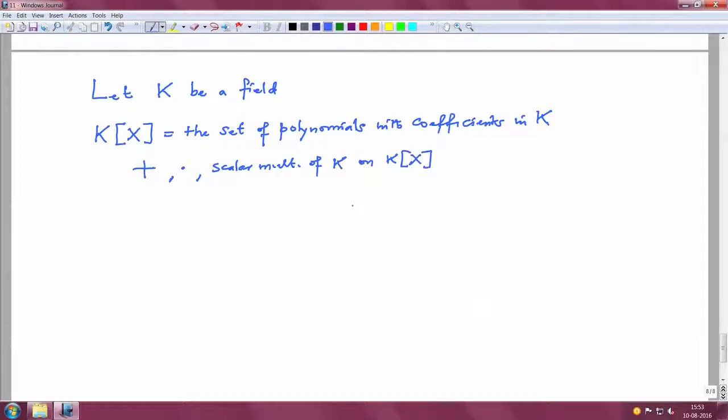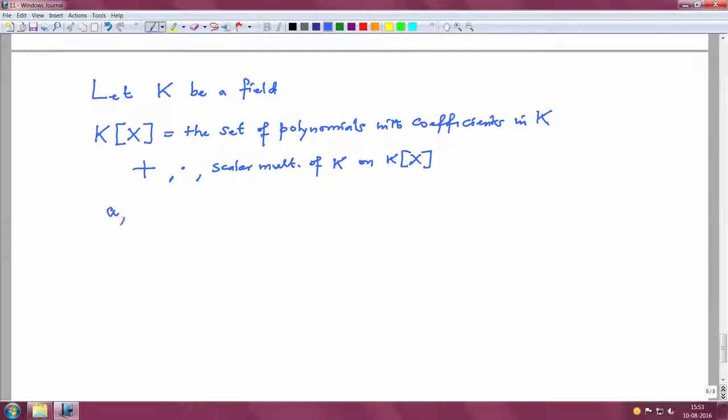And I mentioned that these operations are compatible with each other. Especially I want to note the scalar multiplication and multiplication of polynomials.